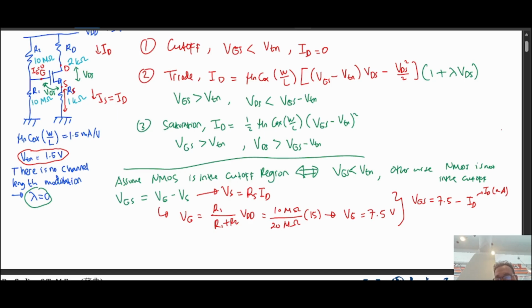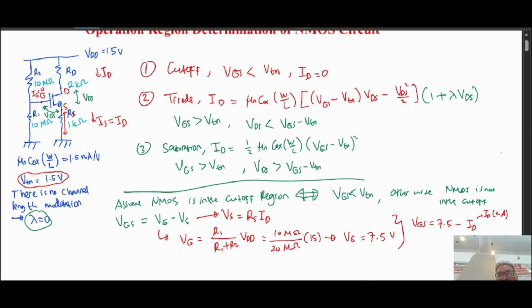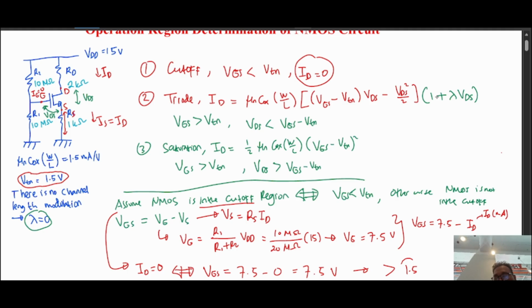We know that in the cutoff region, ID is equal to 0. So if we assume that the NMOS is in the cutoff region, then ID must be equal to 0 based on this assumption. So by this assumption, we need to evaluate the implication. We get VGS is equal to 7.5 minus 0, which is 7.5 volts. This is greater than 1.5 volts, the threshold voltage.